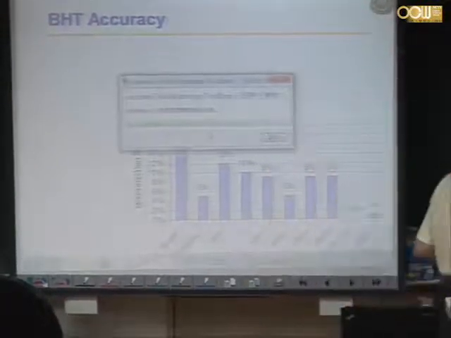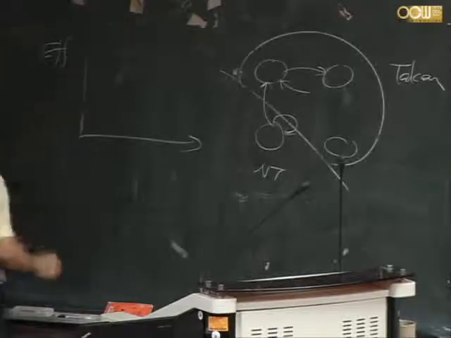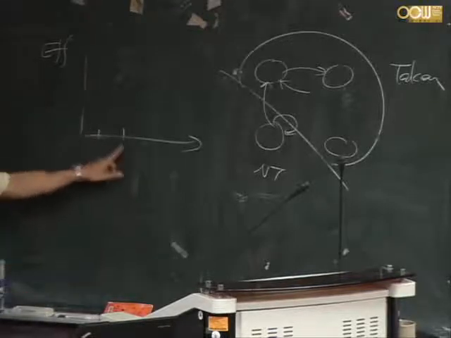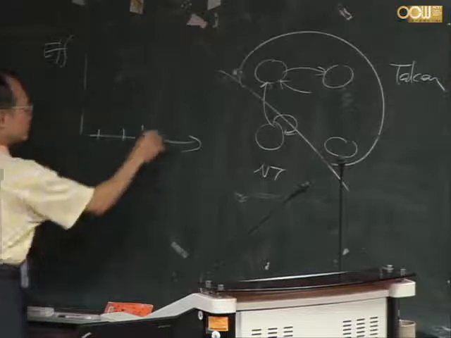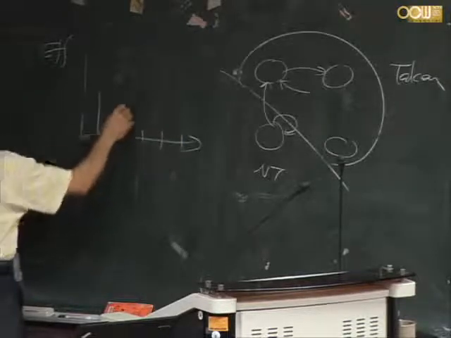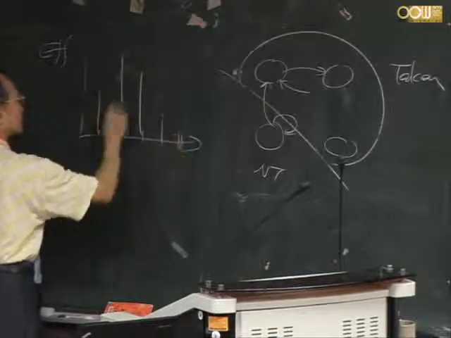So maybe this is the effectiveness of 1-bit predictor, 2-bit predictor, choose the best. 3-bit predictor, 4-bit predictor, 5-bit predictor. So the effectiveness may be this, and then this, and then this, and then this, and then this. Okay?